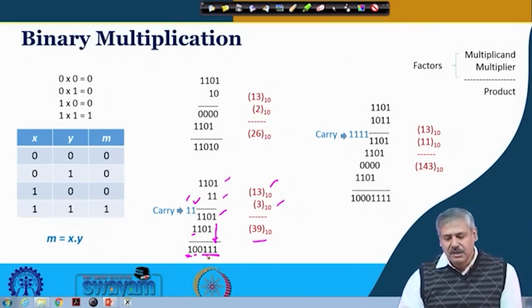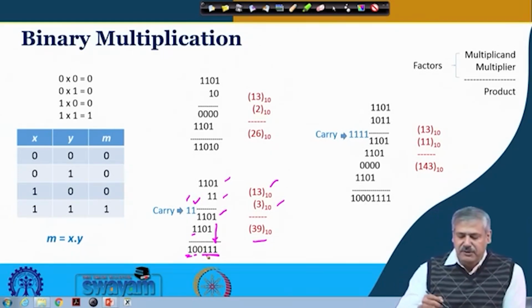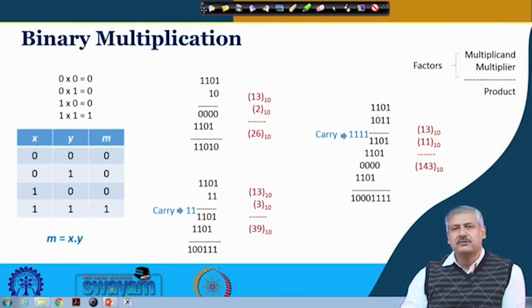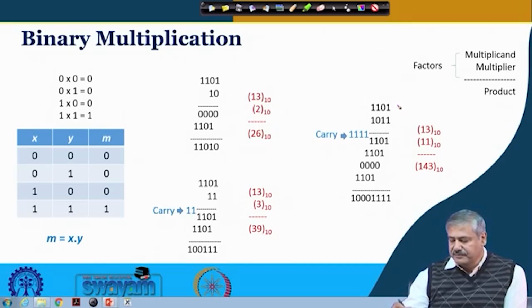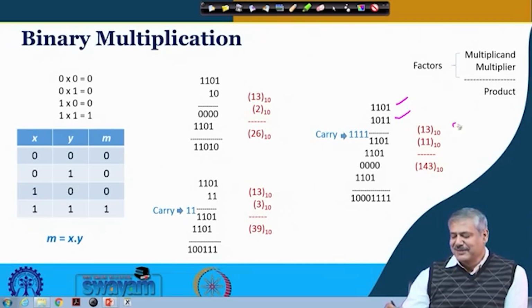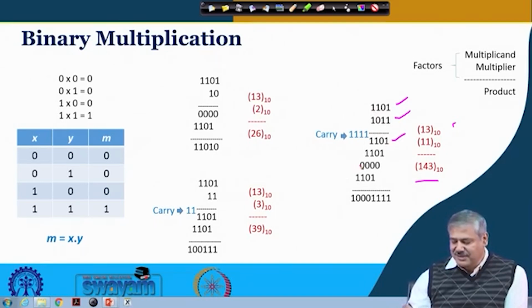Is it fine? Similarly, for 4-bit into 4-bit multiplication, we have an example: 1 1 0 1 with 1 0 1 1. So 13 into 11, which is 143 in decimal. So here first, multiplication with 1 gives 1 1 0 1, then 1 1 0 1 just shifted by 1 bit.